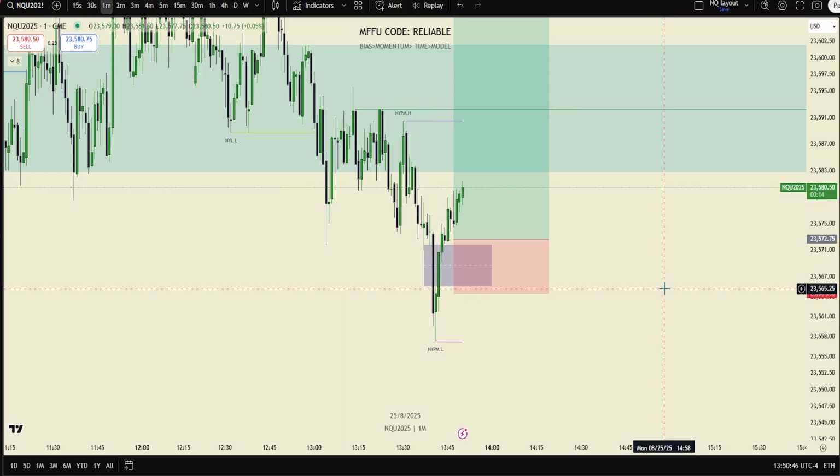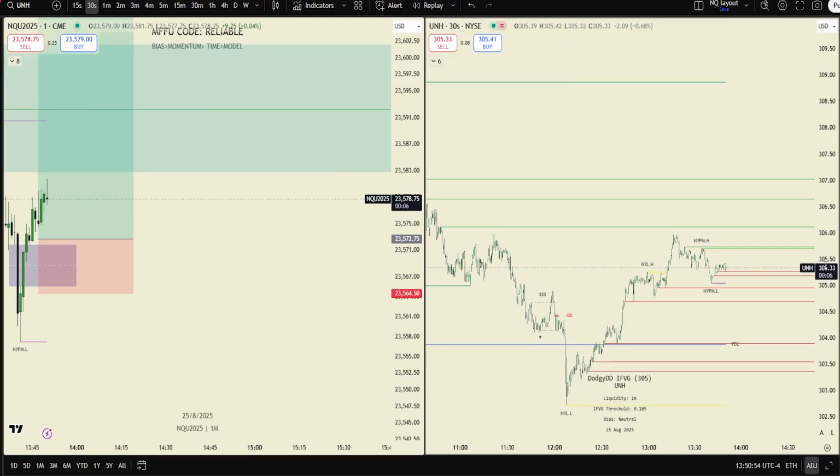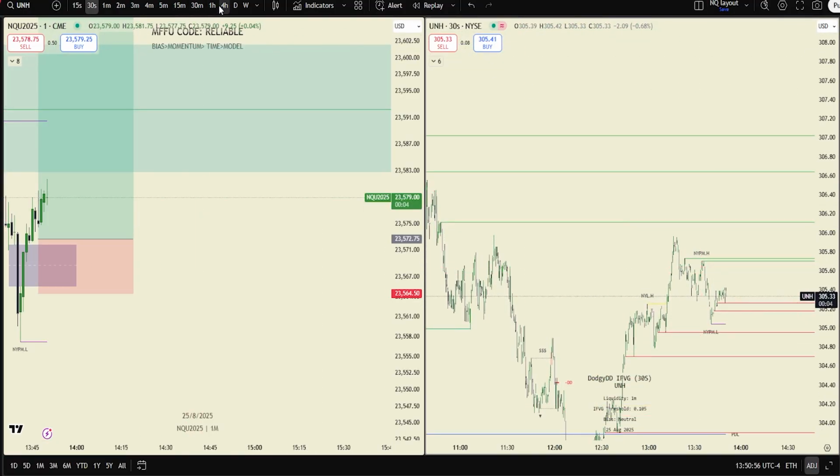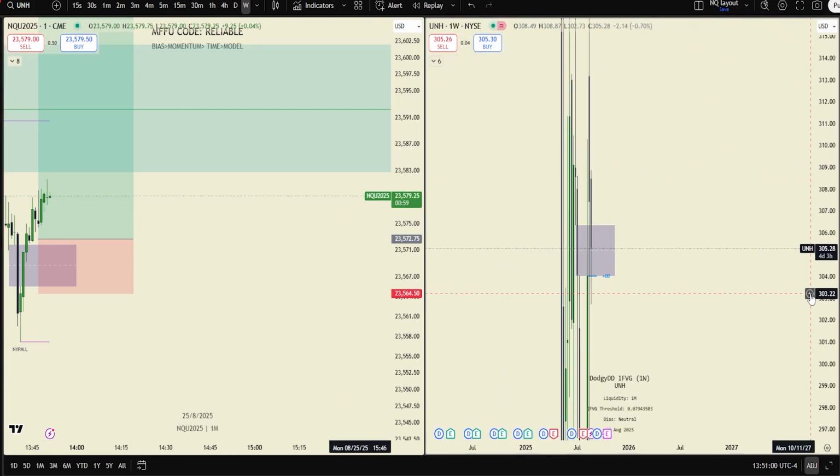All right, so we're kind of making a move up right now. Guys, UNH has just been chopping at my entry ever since the weekly inverse.